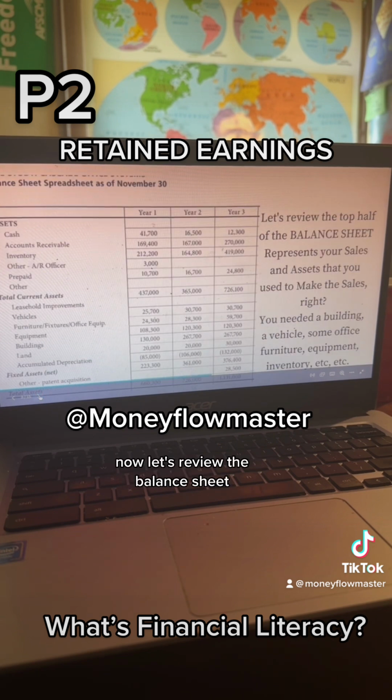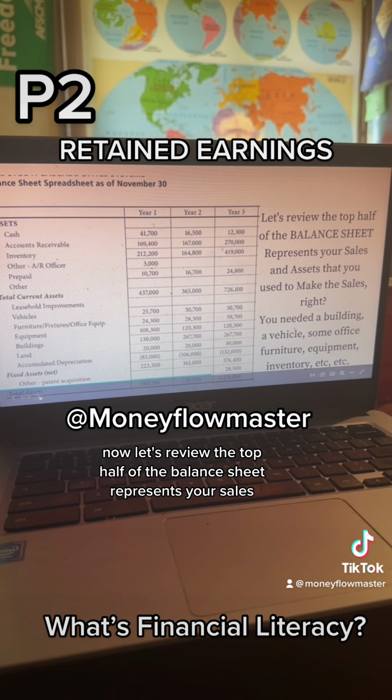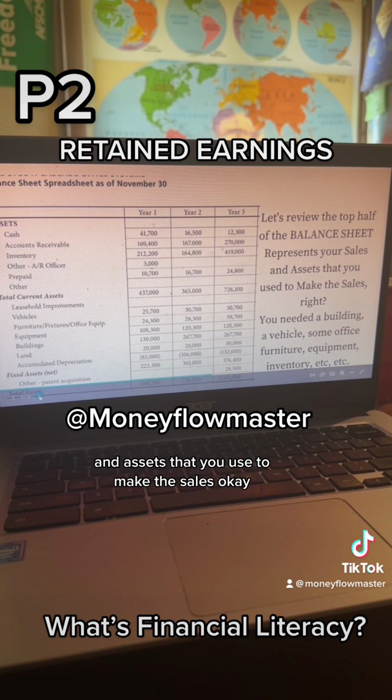Now, let's review the balance sheet, but we're going to do it in halves. As you recall from past videos, the balance sheet can be split into two, the top half and the bottom half. The top half of the balance sheet represents your sales and assets that you use to make the sales.